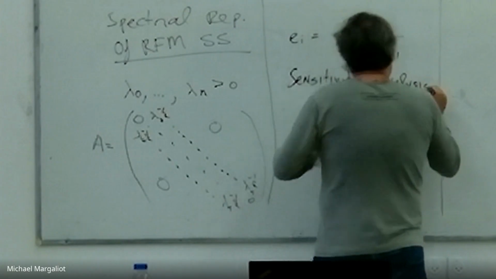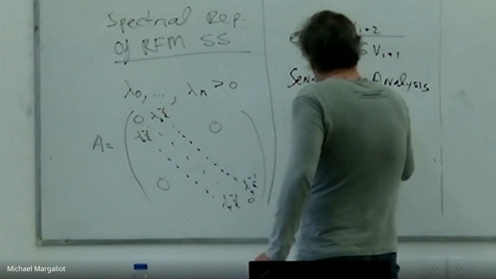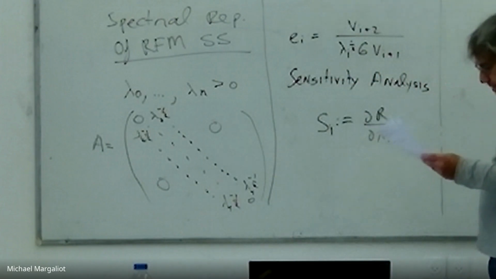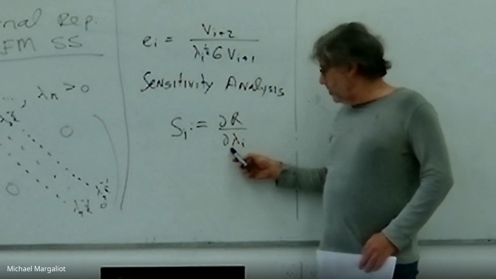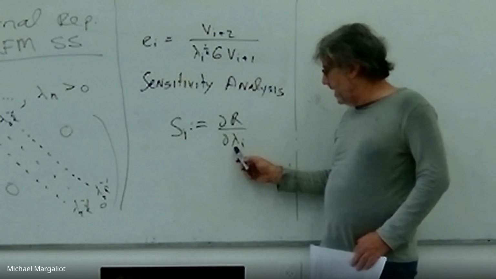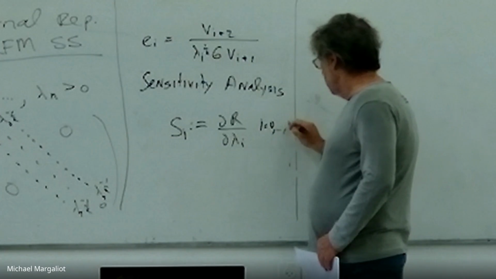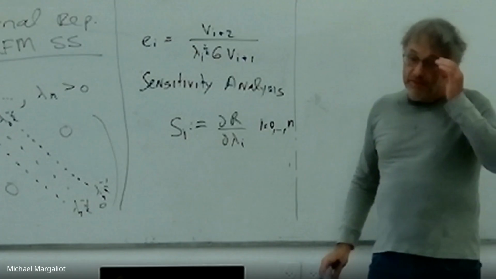And in particular, what I would like to do is define these quantities. What are these quantities? This tells me, if I change one of the lambda i's by a little bit, what will be the change in the steady-state production rate?